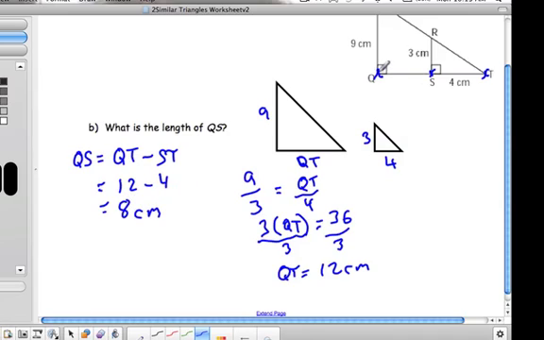So the distance from Q to S is 8 centimeters. And the distance from Q to T is 12 centimeters.